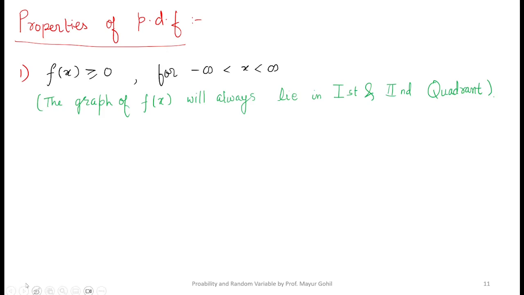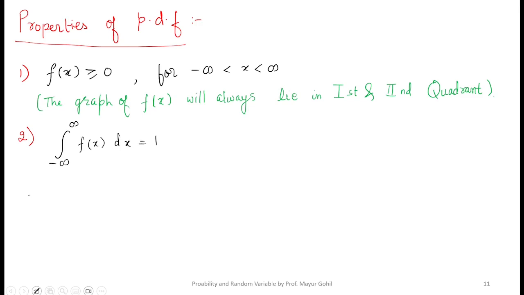The second property is that the integration of the function from minus infinity to infinity is 1. Okay, so it means that the total area under the function should give the answer 1.